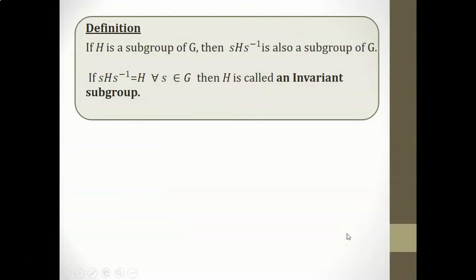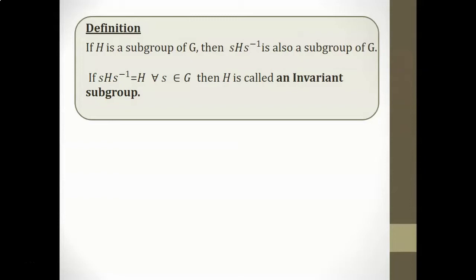And now I will define the notion of invariant subgroup. So if H is a subgroup of G, then if I form the ensemble of elements S H S minus 1, this means that I multiply all the elements of H on the left by S and on the right by S minus 1. This ensemble of elements also forms a subgroup of G. This property we can prove.